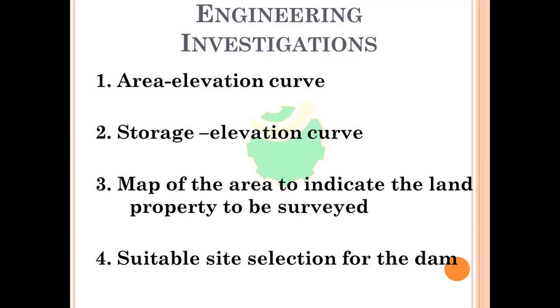And villages or tandas located nearby the reservoir must be relocated. So we must pay some amount to them because they left their valuable lands to the reservoir. If the submerged area is increased, we must pay them more and the cost of the land is increased. That's why we must take care that the submerging area is less.